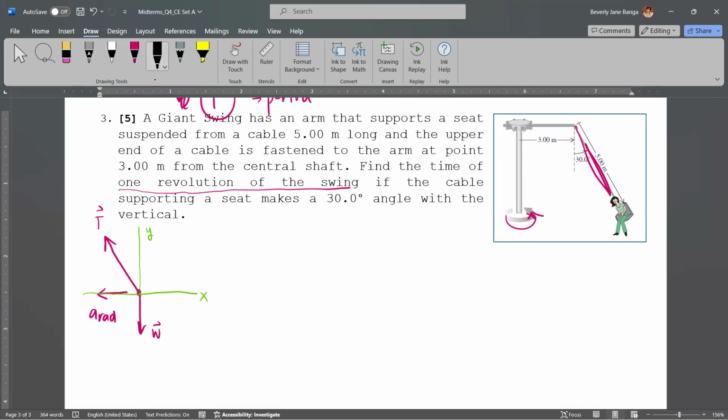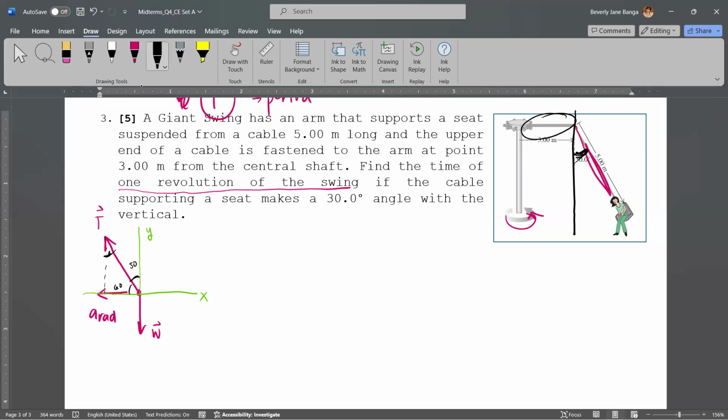So, alam natin na, from the vertical, so take note, ito yung tinitignan natin. Huwag niyo muna itong pakialaman. So, nandito tayo sa part na to. So, to from the vertical, 30 degrees. So, kung 30 ito, ibig sabihin ito rin ay 30. Okay? And so, ito ay 60. So, whichever yung gagamitin mamaya.